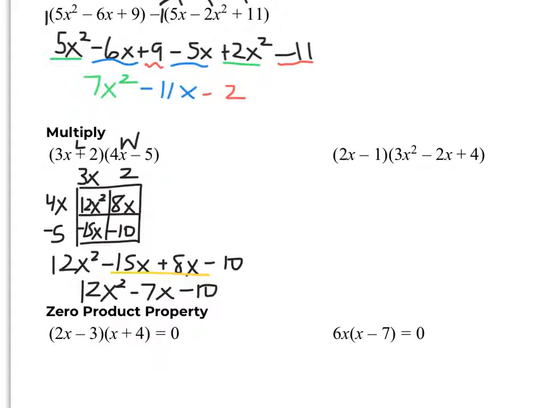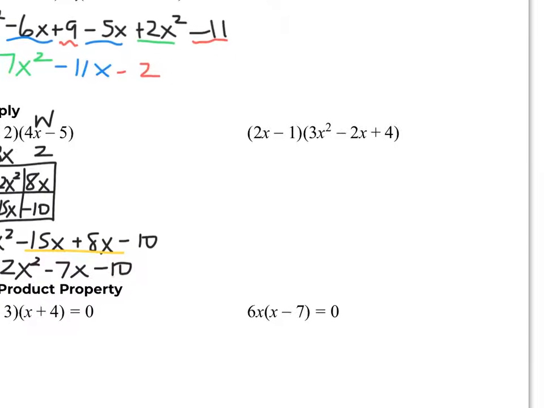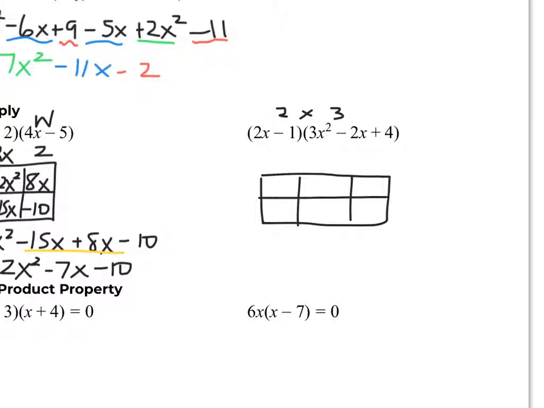This continues to work when I have more terms in one of my parentheses. So in this case, I have 2 terms by 3 terms. So I'm going to draw a 2 by 3 box. So 2x minus 1, and then 3x squared minus 2x plus 4.